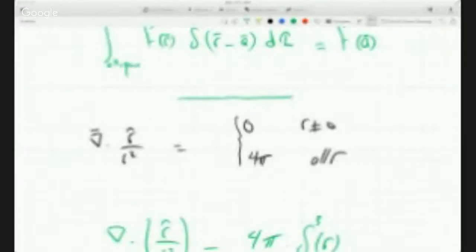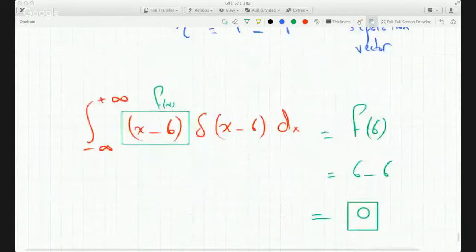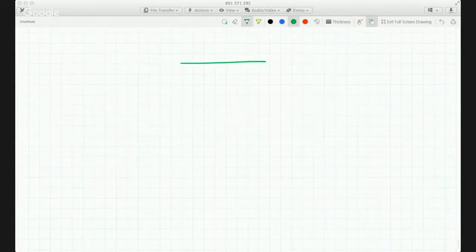Now, the only thing that is left to be said is, let me just mention these last two things here. You remember earlier we said that the divergence... So let me write this down. The separation vector is just r minus r prime.